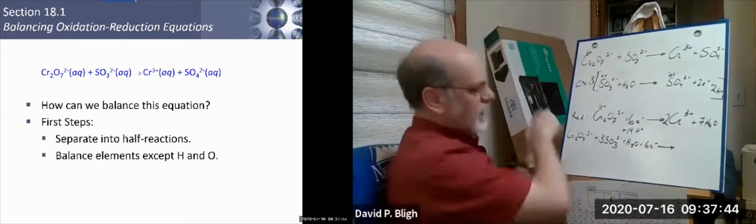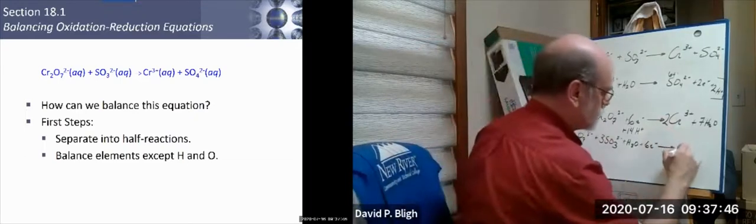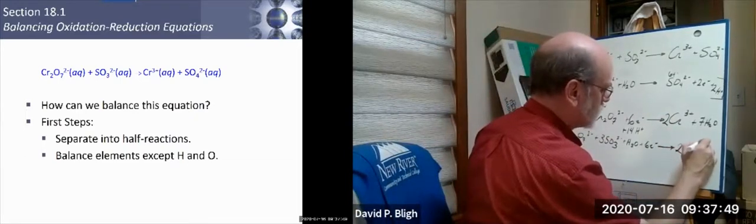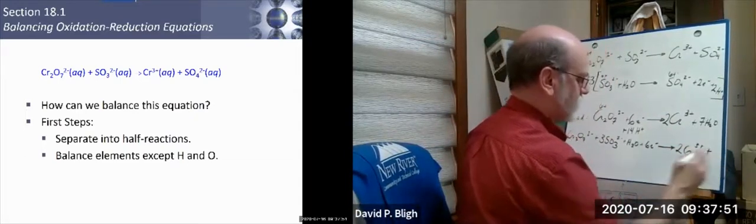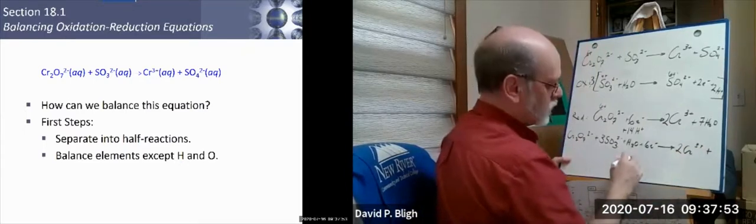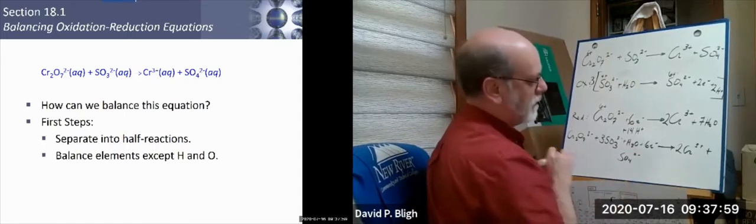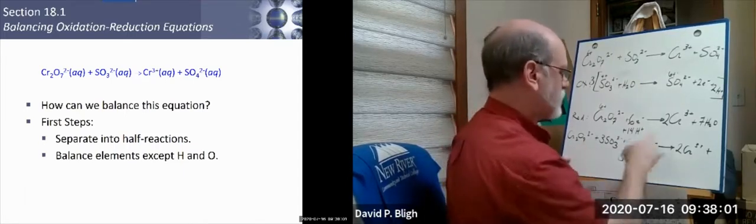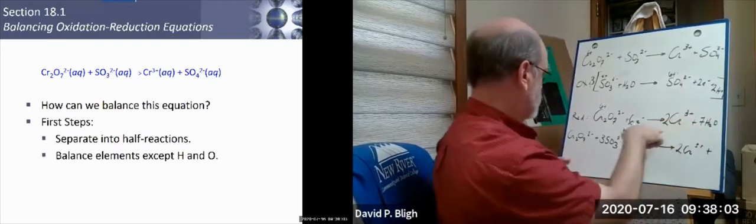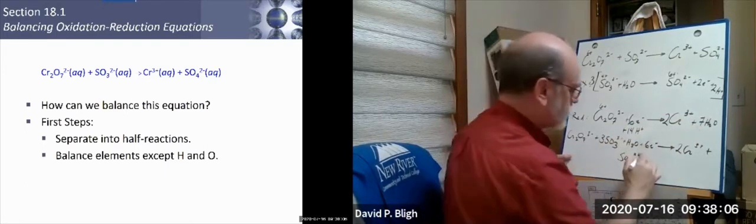Okay. On this side, we've got 2 chromium 3 plus. Let's come down here. We've got 1 sulfate. We've got, let's see, let's keep them in order. 7 waters.